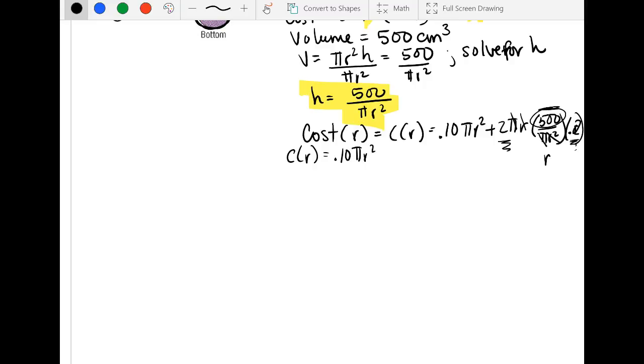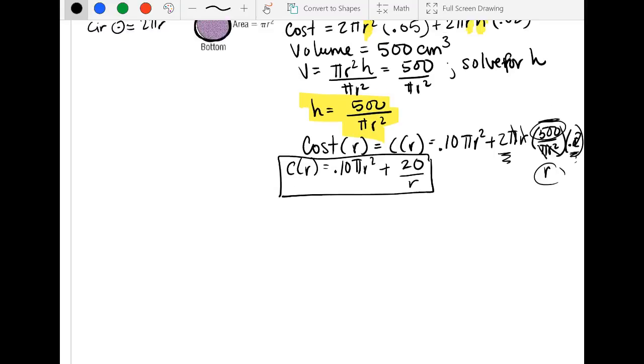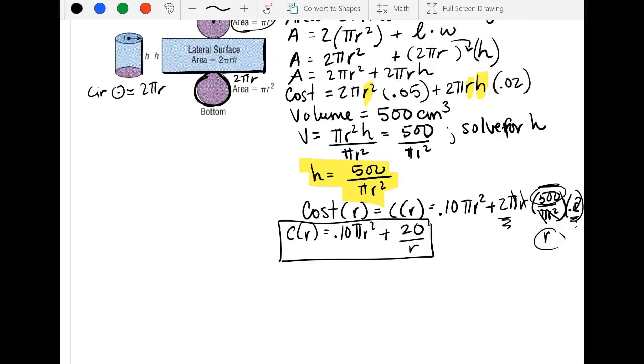All of that, when I multiply them together, becomes 20. And since I have an r left on the bottom, it's 20 divided by r. So this is the cost in terms of r. R is the radius of the can, so the bigger the radius, I think, the more cost to make.